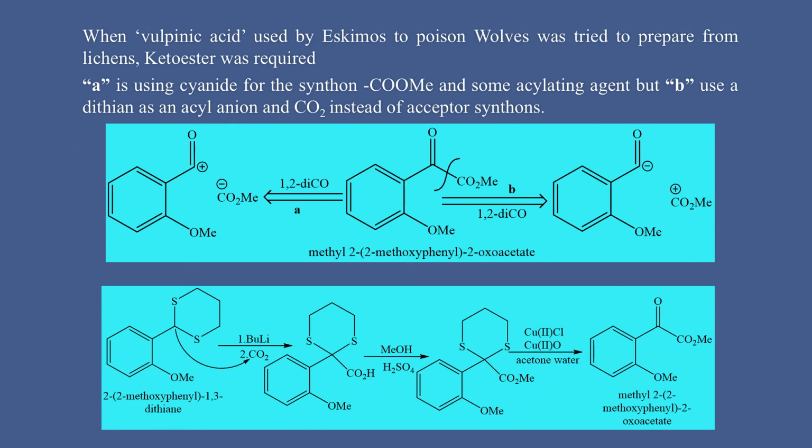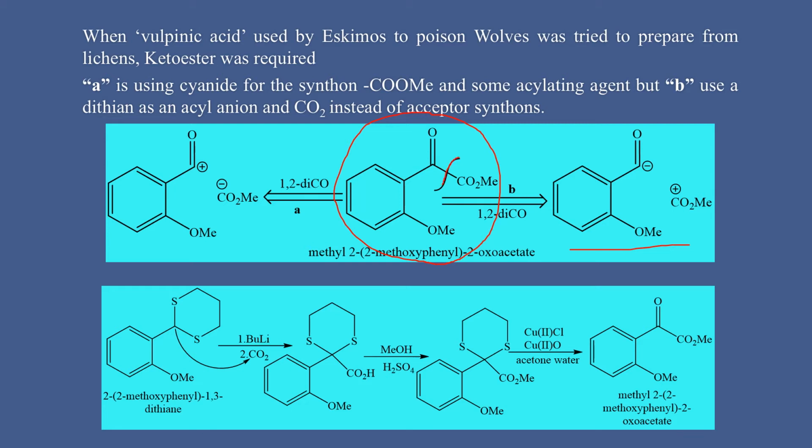When vulcanic acid was to be synthesized, it is a substance which is used to poison the arrows used by Eskimos. Here it is a ketoester. Here there are two types of synthons which are obtained from one disconnection.